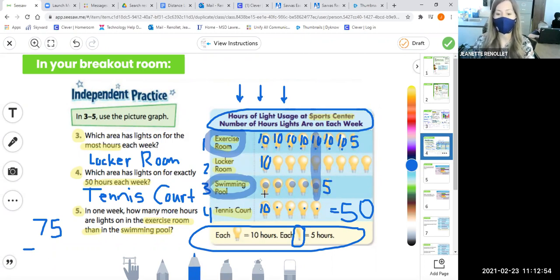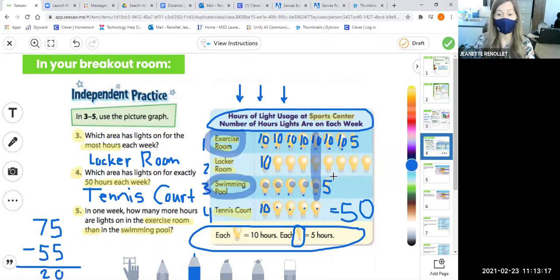The swimming pool has 10, 20, 30, 40, 50 plus 5. That's 55. When you subtract 55 from 75, you get a difference of 20.